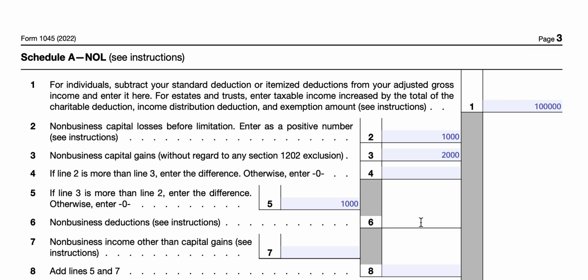Loss on the sale of accounts receivable if such accounts arose under the accrual method of accounting, and finally, casualty or theft losses resulting from a federally declared disaster.